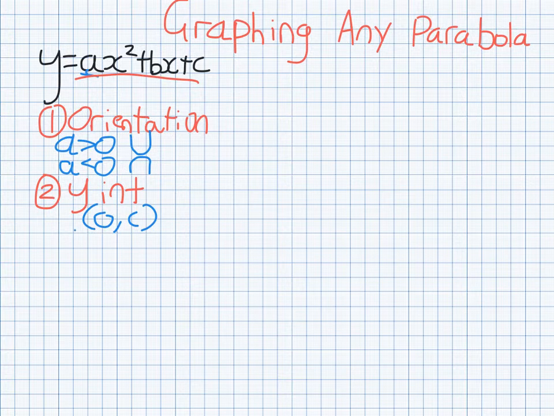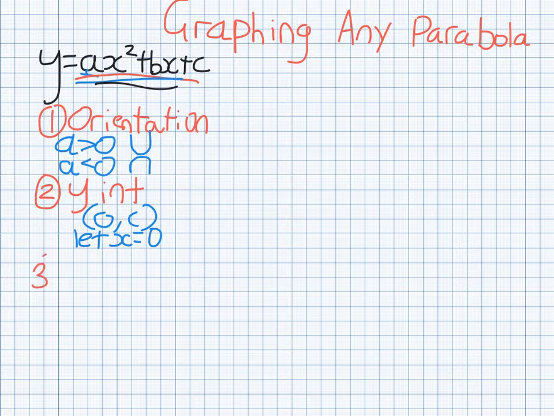Otherwise, if it's not in that form, then you just let x equal 0. What I said before was that any parabola, any quadratic equation can be written in this form, but that doesn't mean it will always be written in this form. It may be in factorized form. It may be something like y equals (x plus 3) times (x plus 4). You can expand it in that case to get something that looks like that.